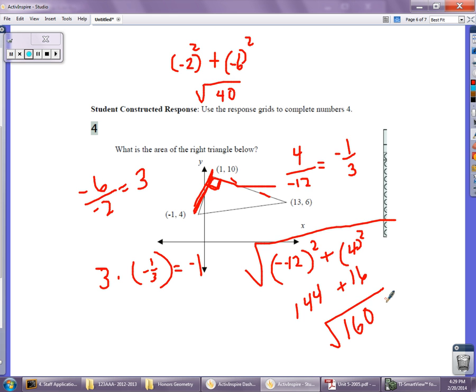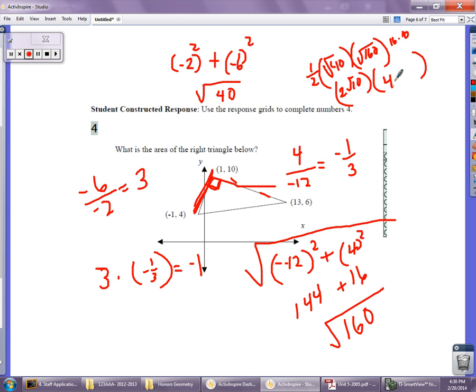So to find our area, we're going to do 1/2 times the base times the height. Can't take half of these because these are in the radical. But when you multiply root 40 times root 160, it might actually be easier if we simplify root 40 to 4 times 10, so 2 root 10, times, and then 160, I see a 16 in there, would be 16 times 10.